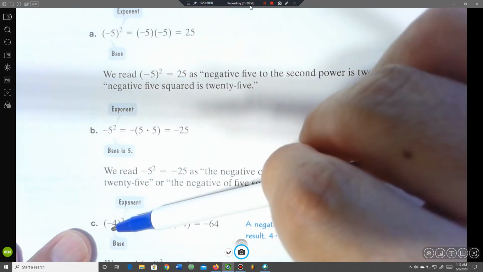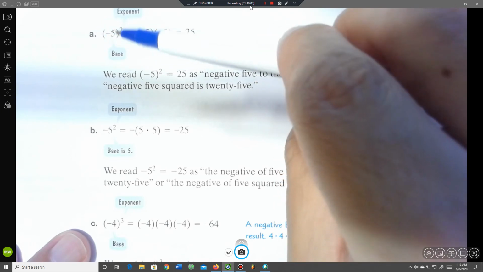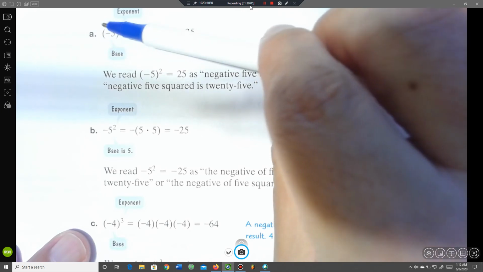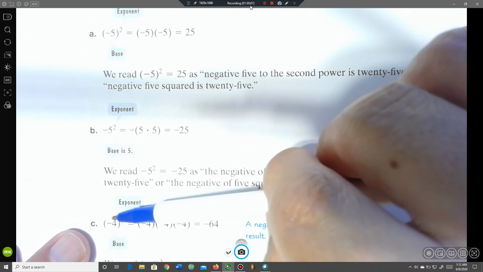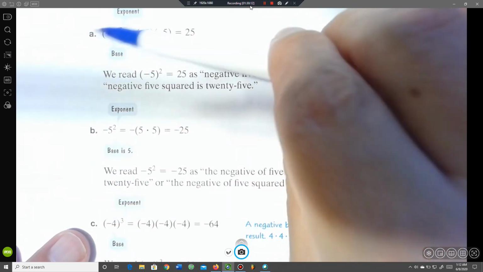Notice how the bases for these two exponents have parentheses, so they include the negative sign. They're similar to each other.